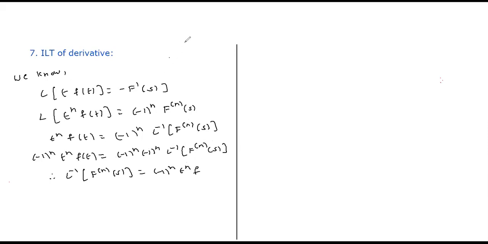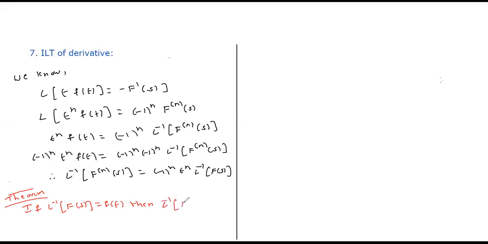What is f of t? F of t is nothing but L inverse of f of s. So what does the theorem say? If L inverse of f of s is equal to f of t, then first I will write the result for the first derivative.